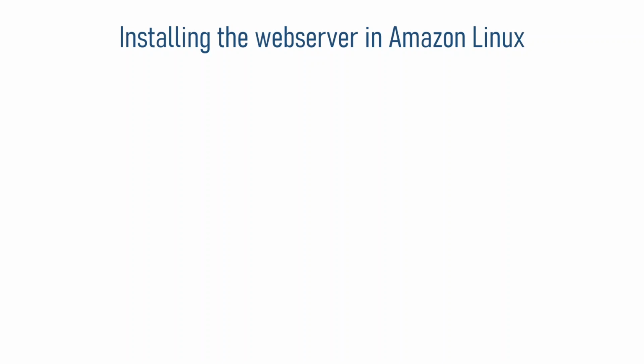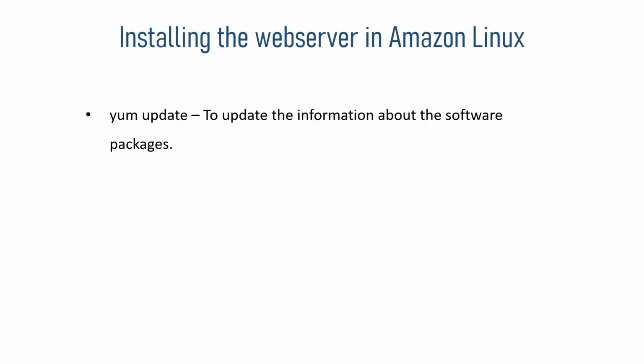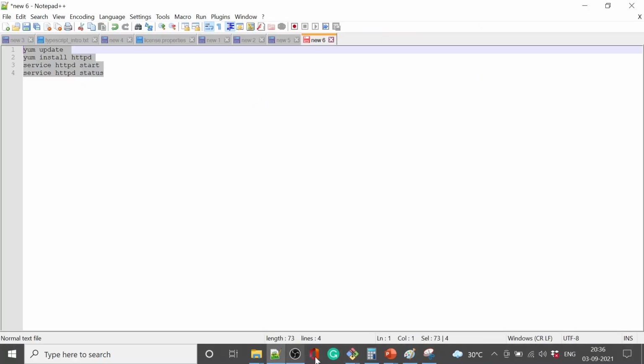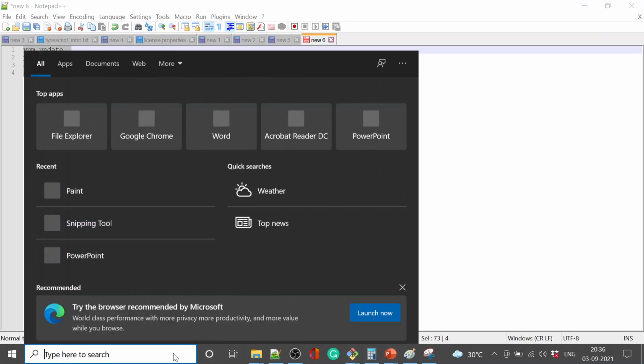So first we'll see how to install the web server in Amazon Linux. I'm opening my Chrome browser.